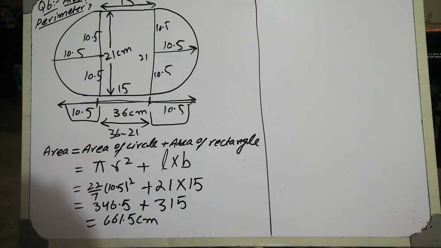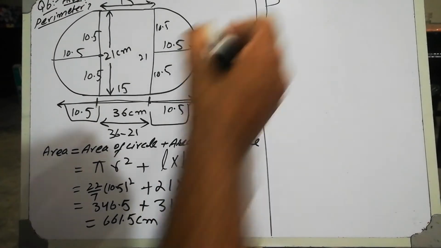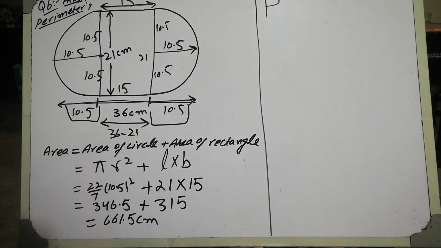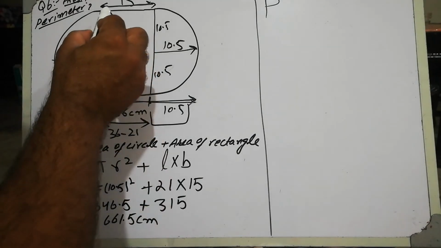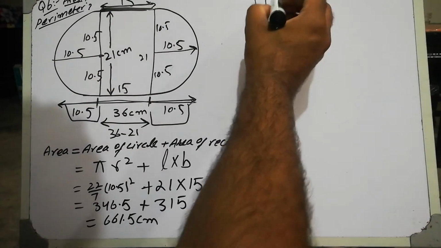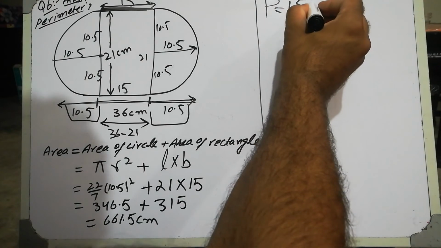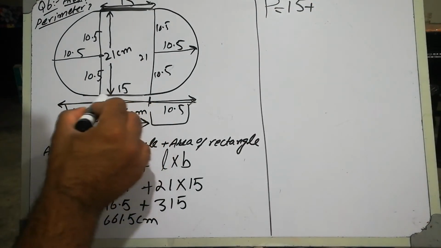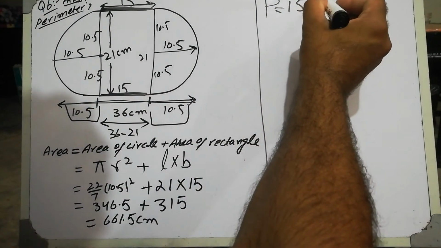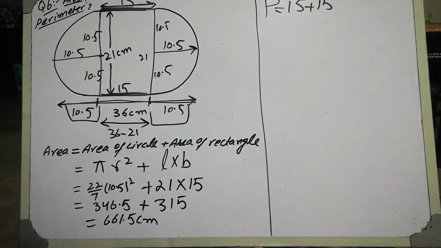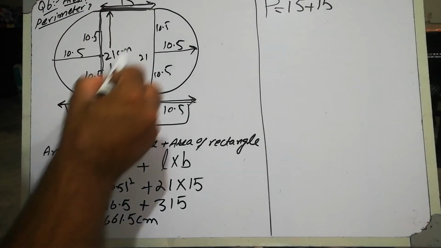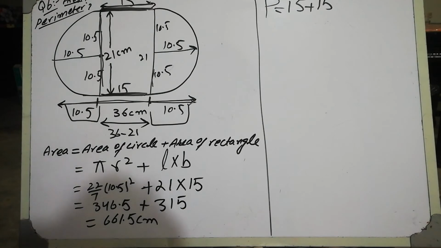Now what about the perimeter? The perimeter is actually the length of the boundary of the figure. So this part of boundary is 15. So we'll write 15 plus this part of boundary is again 15. Now this diameter and this diameter are not part of the boundary, hence they will not be included in the perimeter.